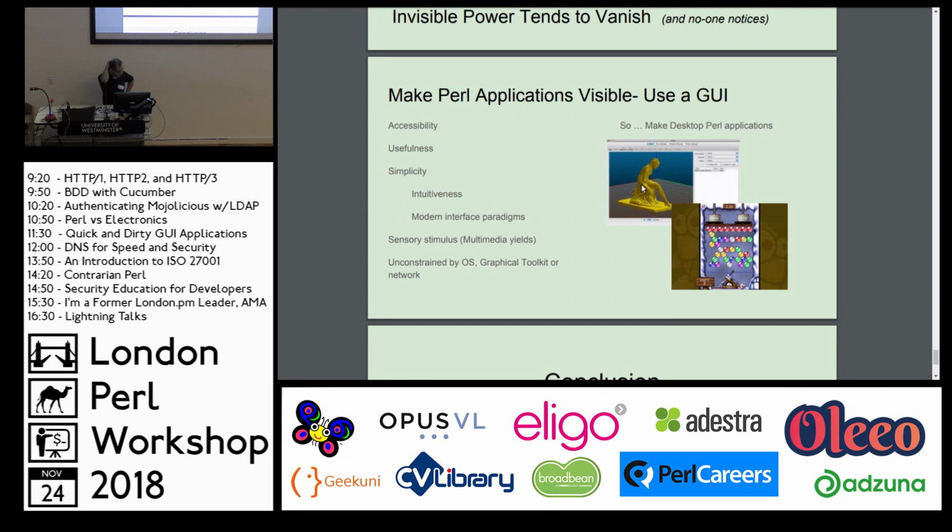Slic3r, what I use to convert models for 3D printing, is in Perl. Frozen, but there are not many GUI applications. And one of the sad things was the last Perl GUI application in the Linux desktop was screenshot, and that's been taken off. The last Perl application is no longer in the basic install of a Linux distribution.